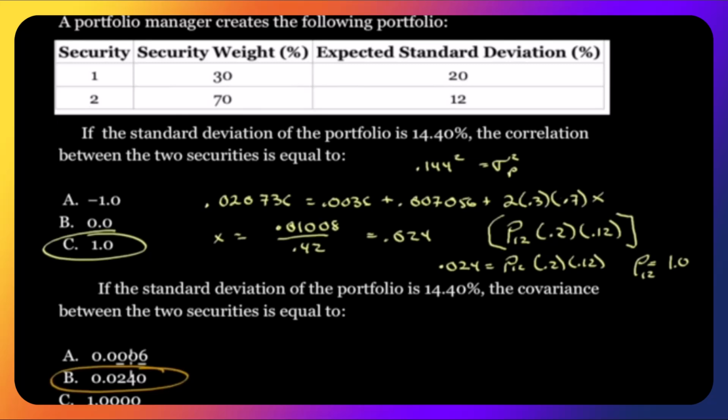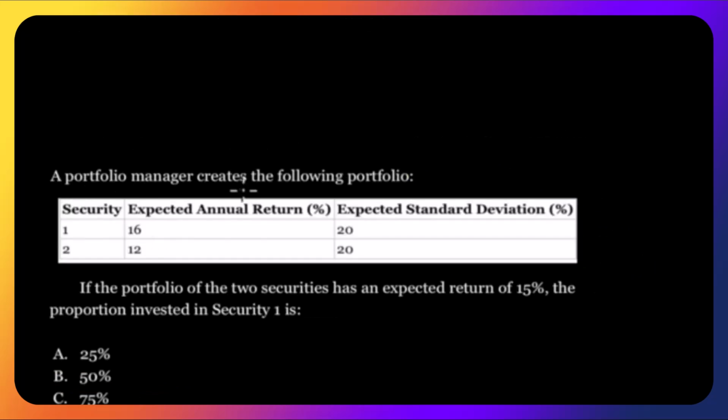So, done. Let's see, a portfolio manager creates the following portfolio: security 1 and 2, expected returns, expected standard deviations. If the portfolio of the two securities has an expected return of 15%, the proportion invested in security 1 is.